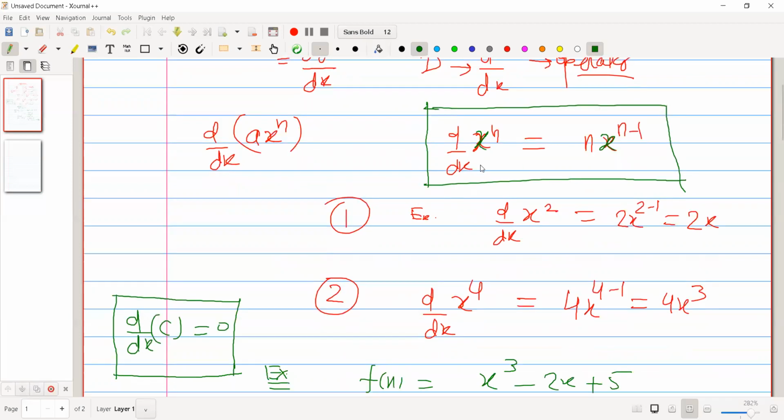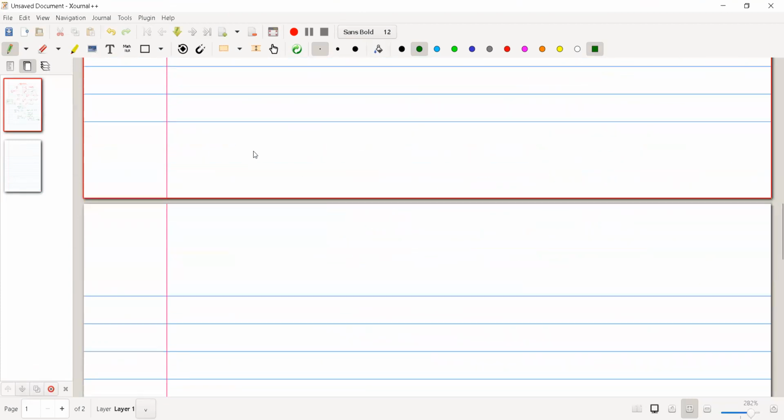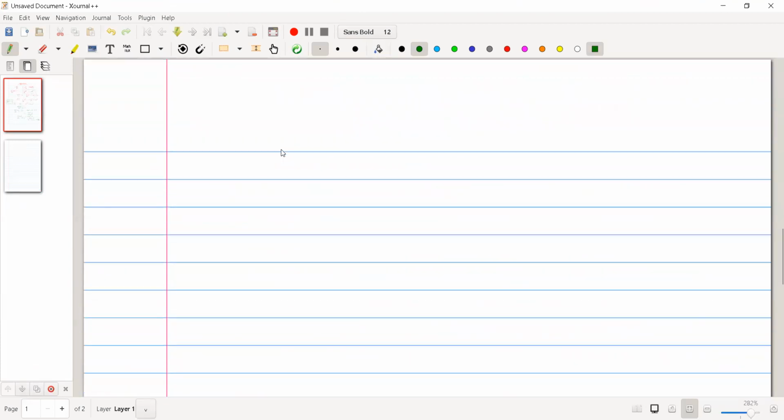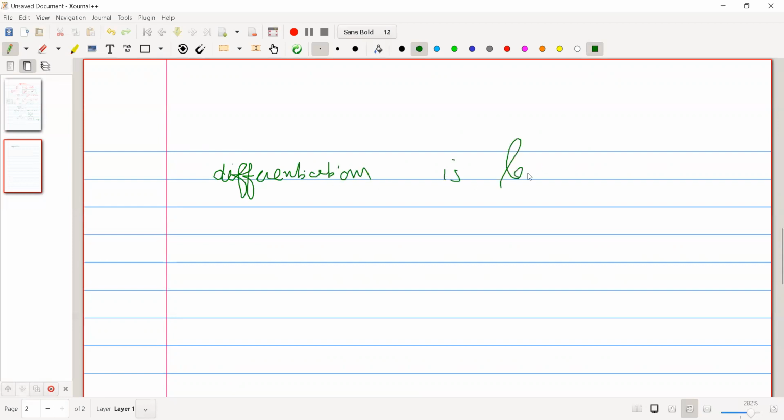So let us see that we also solve some questions so that we will get a clear understanding. Before that, differentiation is a linear operator.